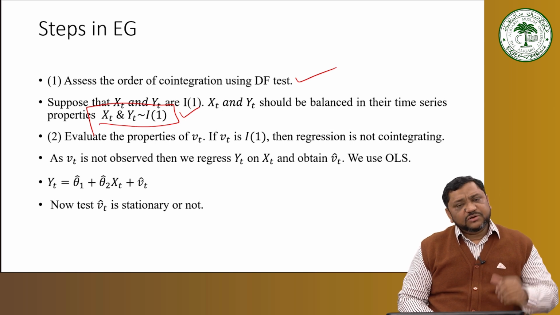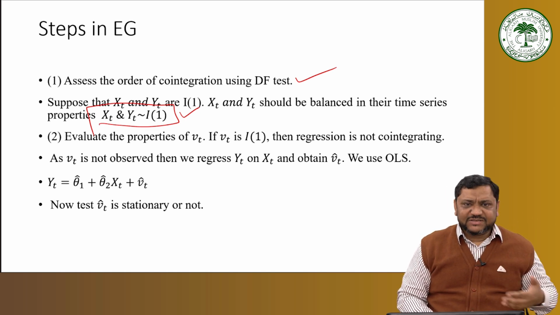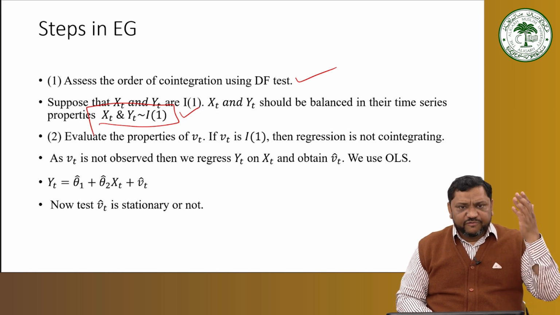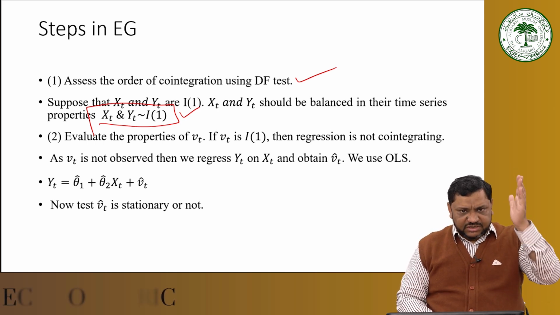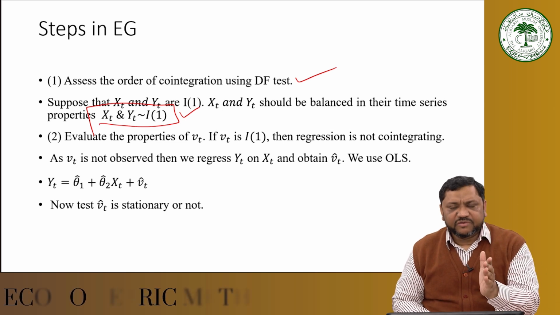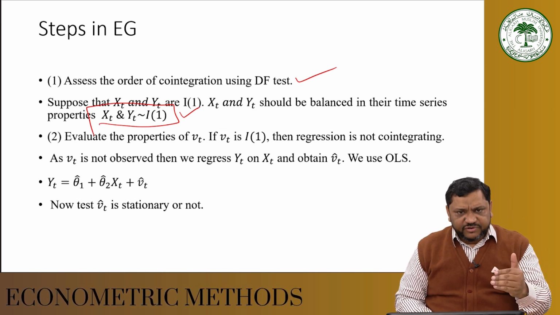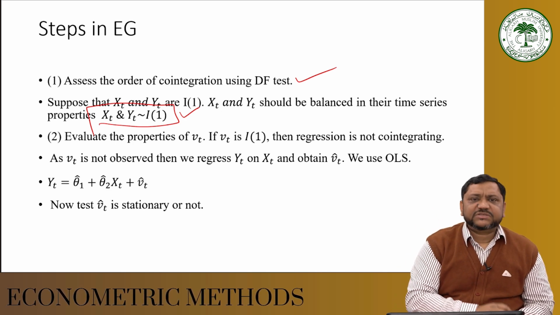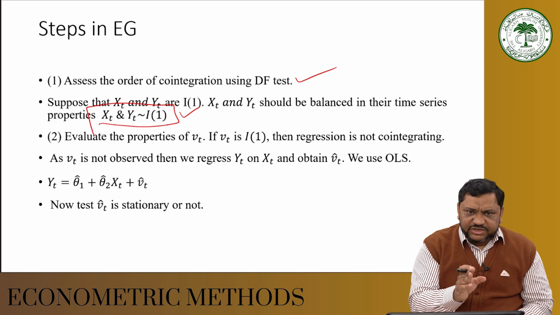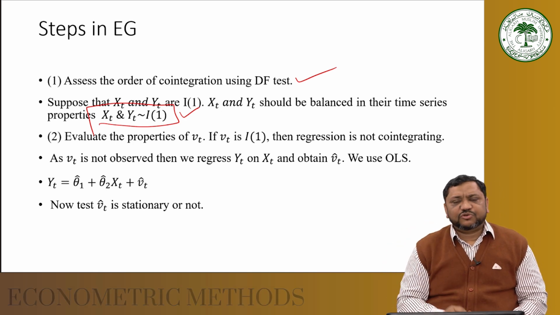We have seen the process of testing the stationarity of the series. We check the stationarity and see that series X was not stationary at level, and when we took the first difference the series was stationary. Same thing happened with the Y series: it was not stationary at level, and when we took the first difference Yt also became stationary.